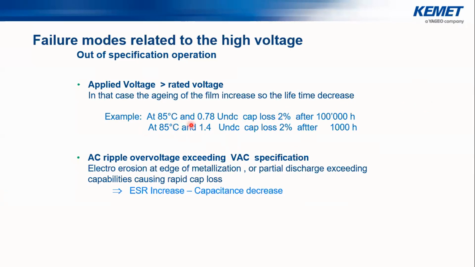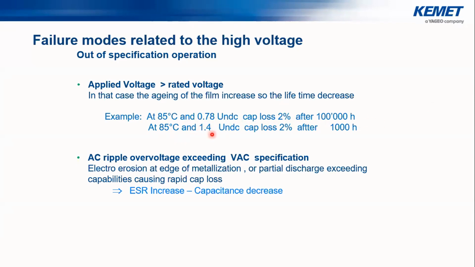For example, if you are using the capacitor at 85 degrees and 0.78 times the rated voltage, the end of life, which we consider as 2% capacitance loss, can happen after 100,000 hours.